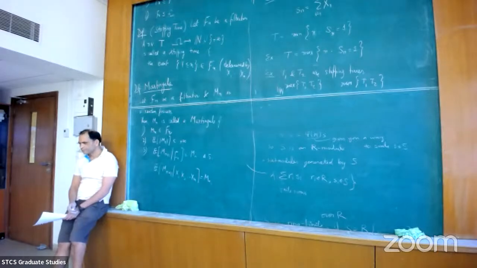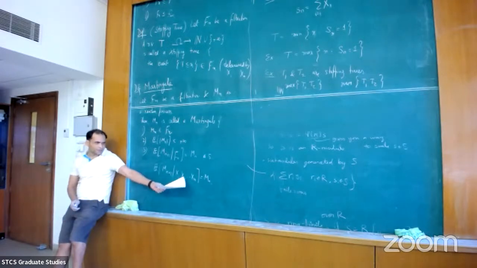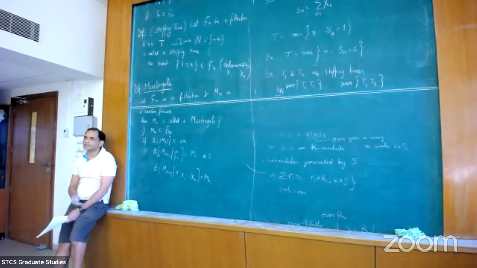Given the sequence, I'm telling you that the expectation of M_{n+1} given the history is basically the last random variable, M_n. So given the history up to time n, there is nothing more you can get out of this sequence M_n.